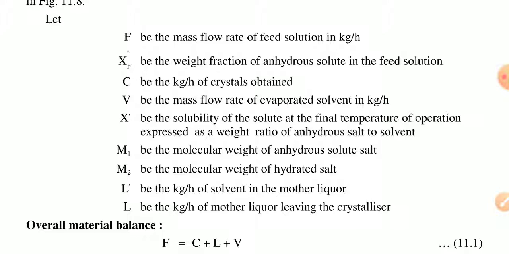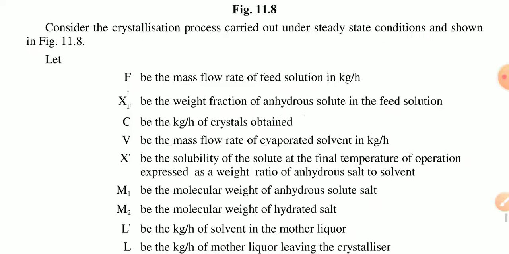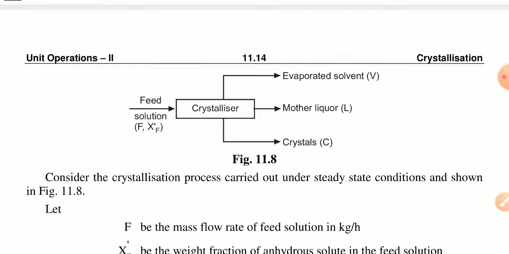M1 is the molecular weight of the anhydrous solute salt, and M2 is the molecular weight of the hydrated salt. What is L dash? L dash is the kg per hour of solvent in the mother liquor, as shown in figure 11.18.